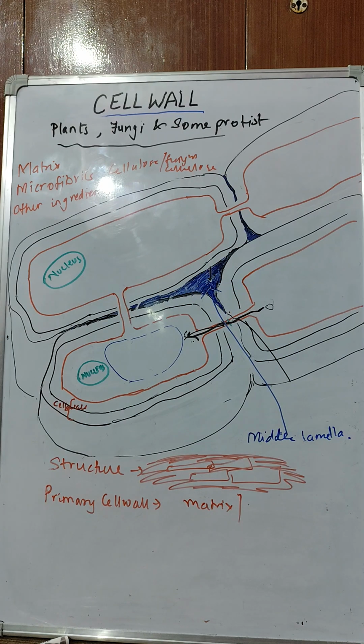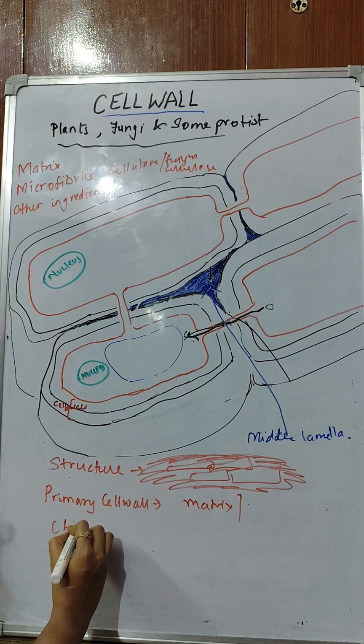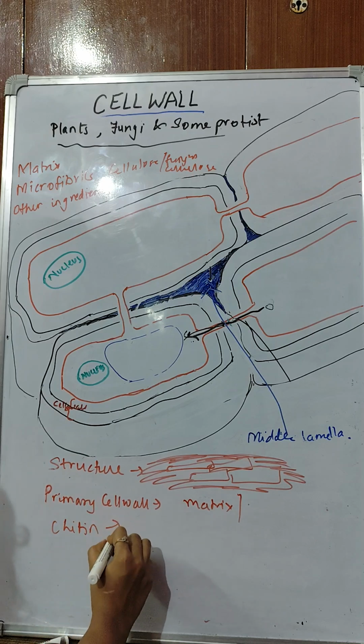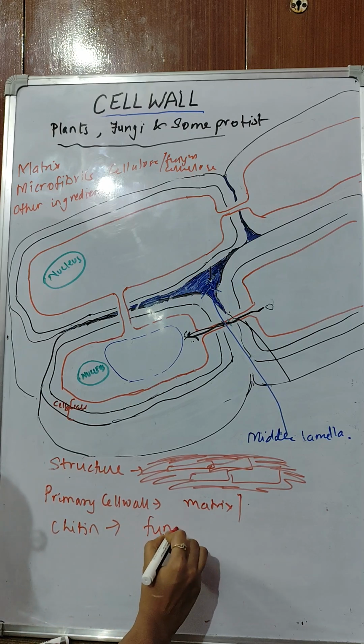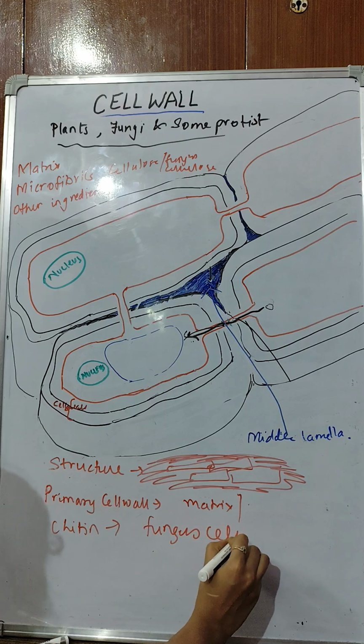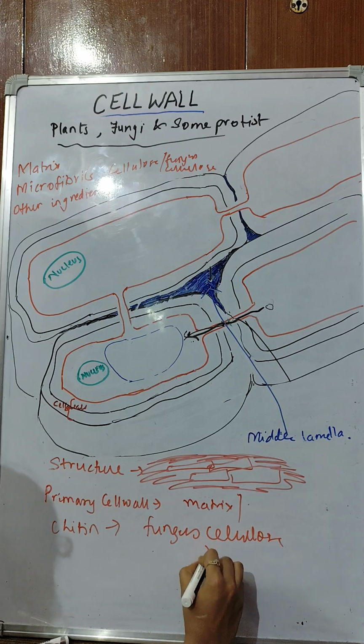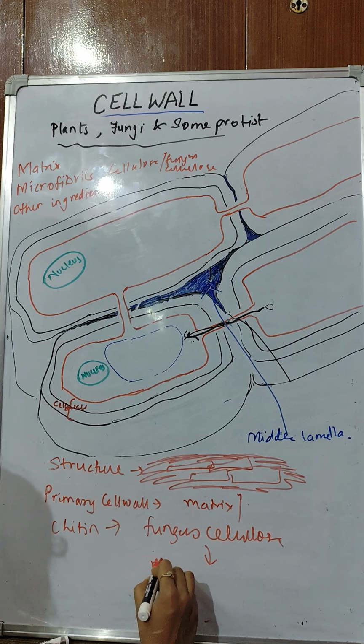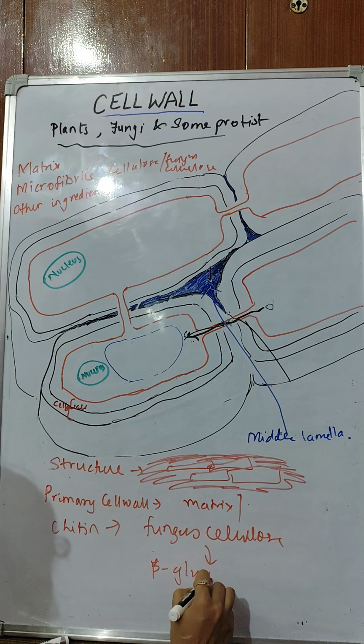These microfibrils are formed from cellulose. In the case of fungi, the cellulose is similar to chitin, and it is made up of beta glucosamine.